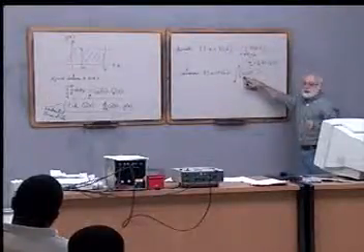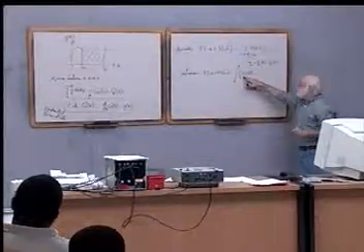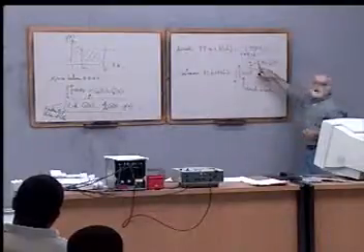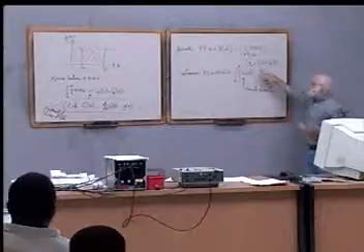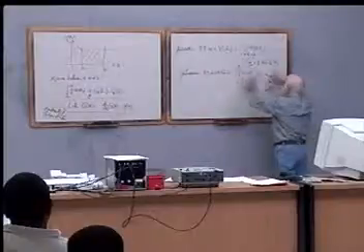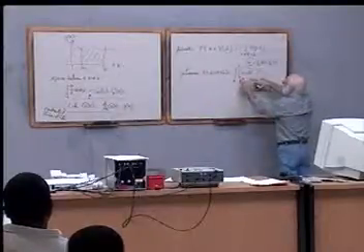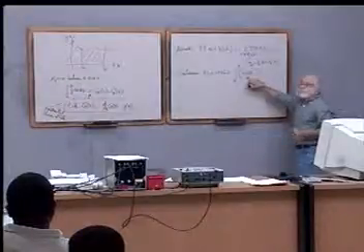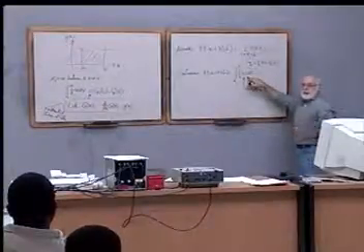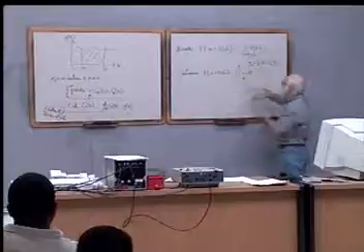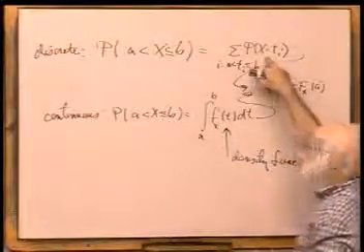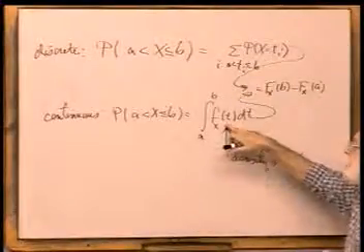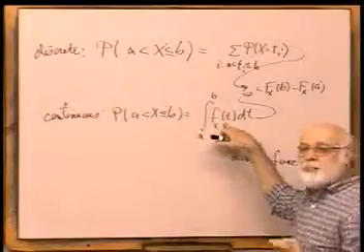And this function, which is the so-called density function, is the derivative of this function right here. So that means that if I can find a function which is a derivative of the distribution function, the probabilities then are the areas or the integrals under that density function. So once I understand that, the density function is analogous to the probability mass function, even though the density function values are not probabilities.